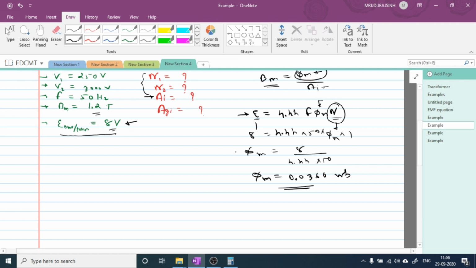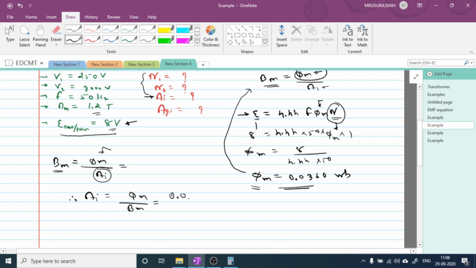Now if we use this value into this equation, then Bm is equal to phi m divided by Ai. So we want to find Ai, phi m we have just found over here, and Bm is already given. So Ai is equal to phi m divided by Bm. Phi m is 0.0360 and Bm, that is 1.2 Tesla.